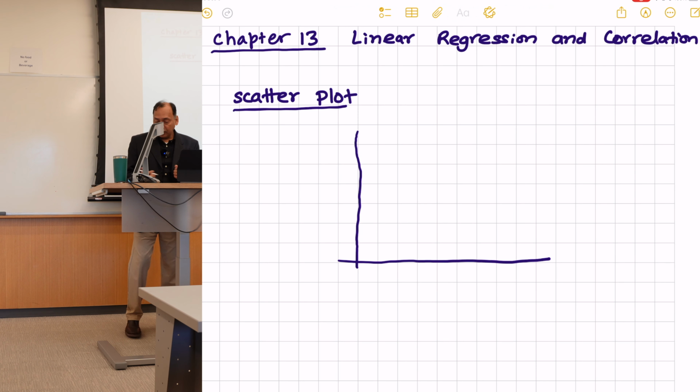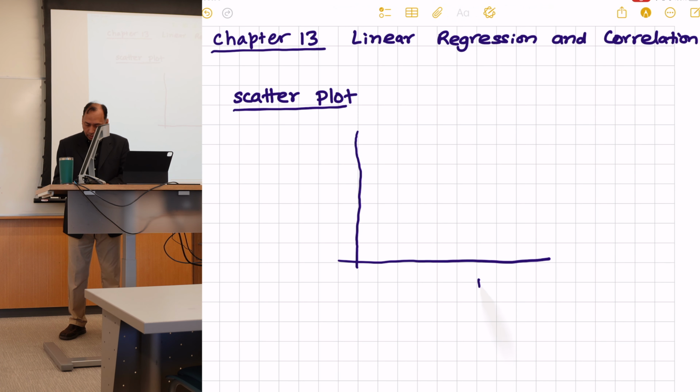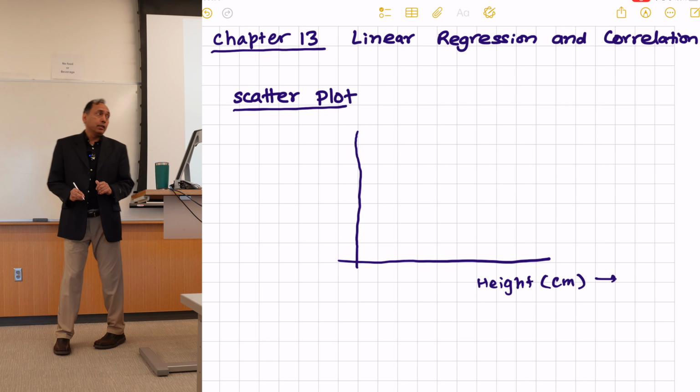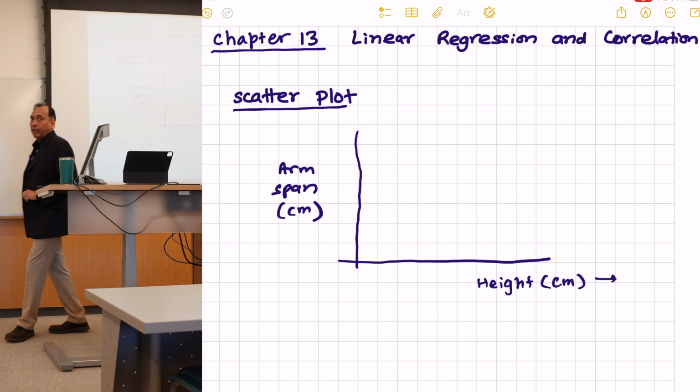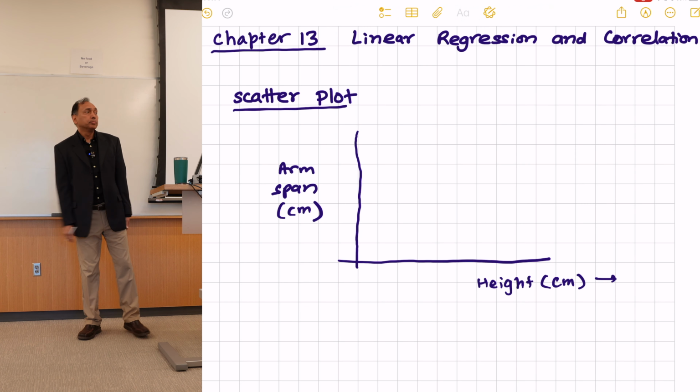So suppose somebody is interested in figuring out, given height in centimeters, for a given height, what is the arm span in centimeters?